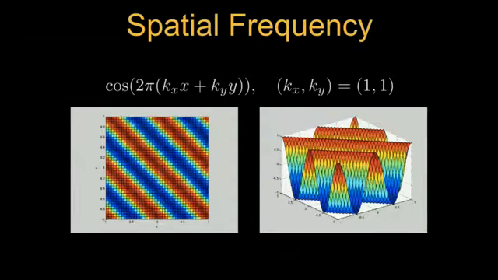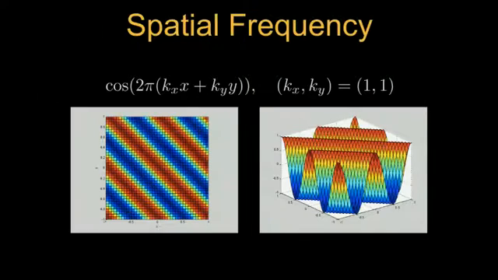But it gets interesting now if you look at both directions. In general, we can manipulate both kx and ky to give us different frequencies along x and y. That means if you move only along x, you'll see one frequency. If you move along y, you'll see the other frequency. In this case, they're both 1. So if you move from top to down, you'll see 1 period.